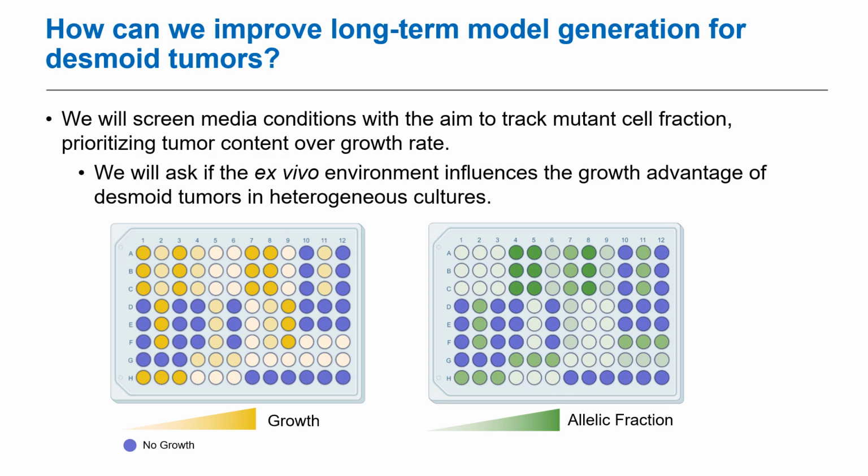We think this will achieve two aims. One is to produce the additional cell lines needed for dependency screening. But secondly, our systematic screening will also help us uncover media conditions or additives that modulate the growth of the mutant or non-mutant populations. And this will help us explain why we observe the outgrowth of non-mutant cells with the current approaches.